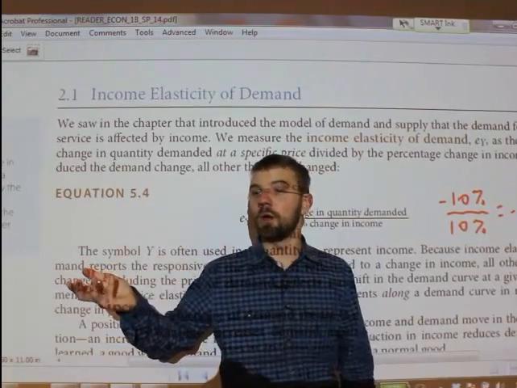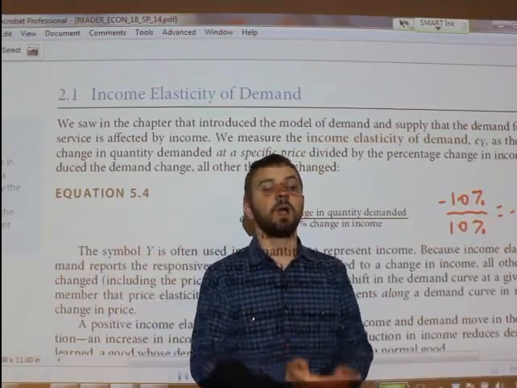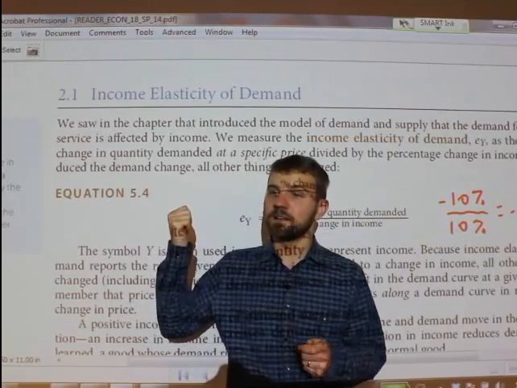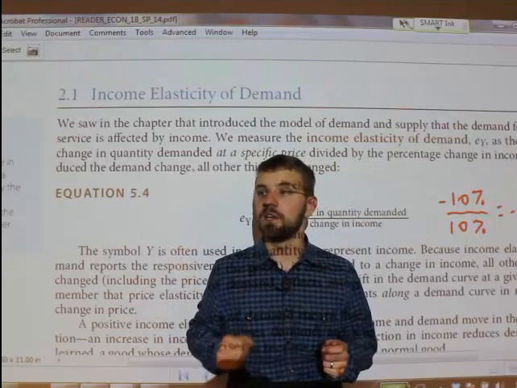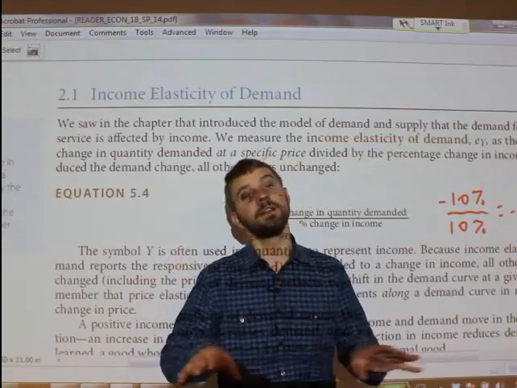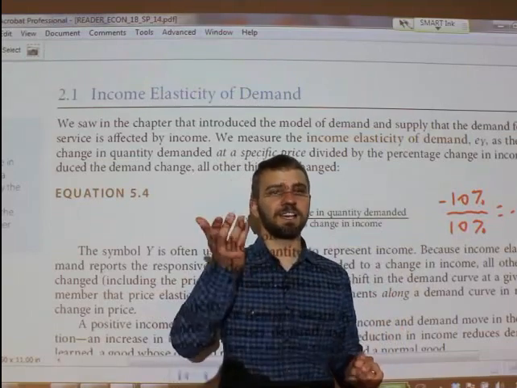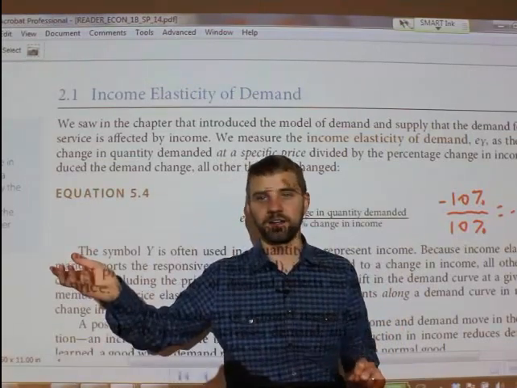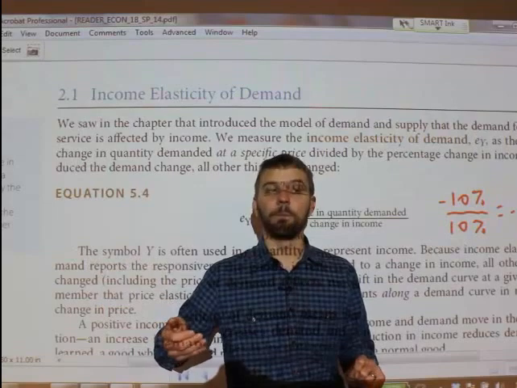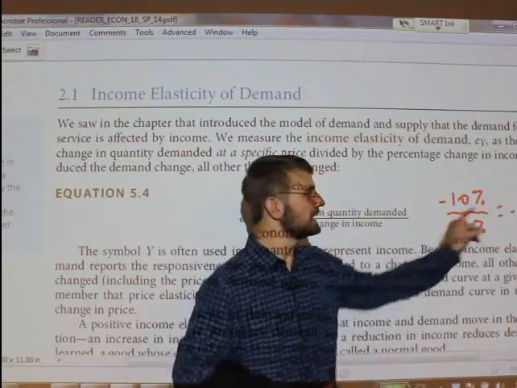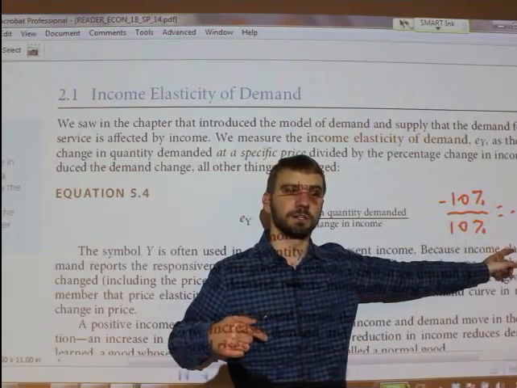And so what determines whether a good is normal or inferior is, in fact, the income elasticity of demand. If it's positive, we say it's a what? Normal good. Normally, an increase in income leads to an increase in quantity demanded. So it's positive. But if an increase in income leads to a decrease in quantity demanded, this will be negative, and we'll call that an inferior good.